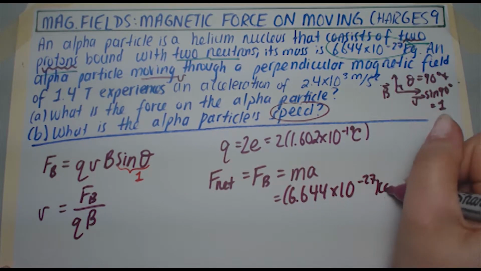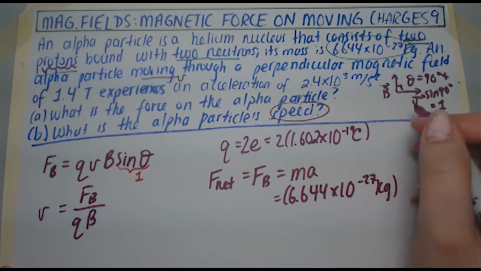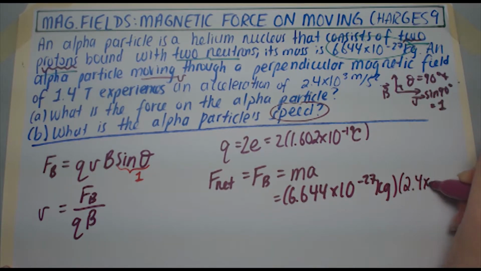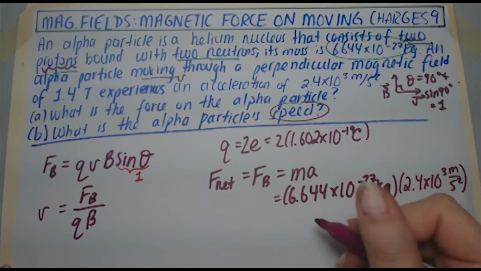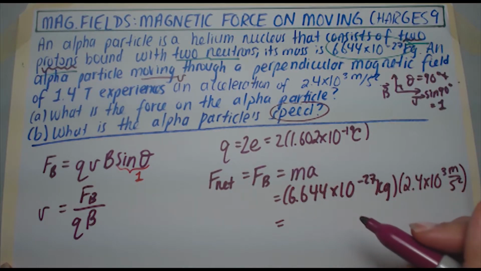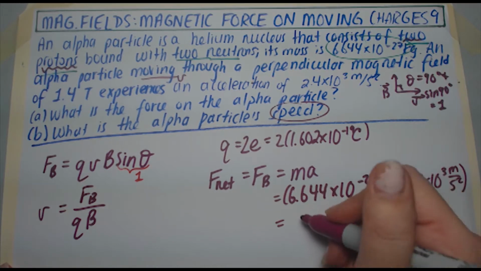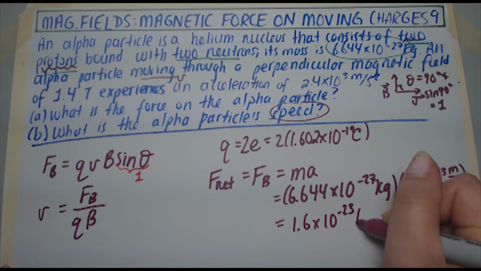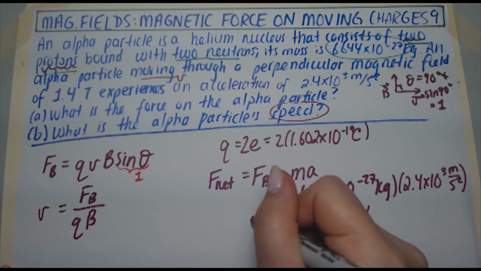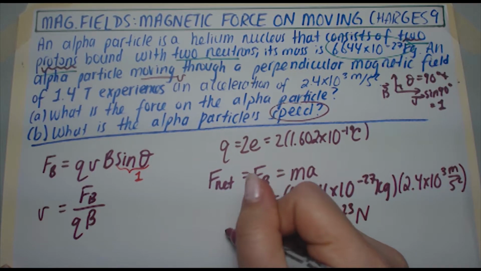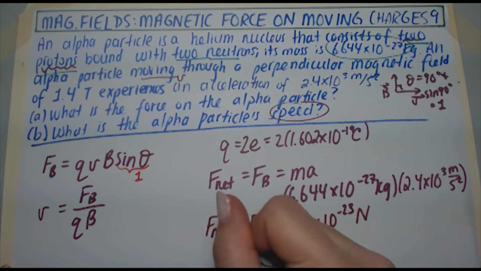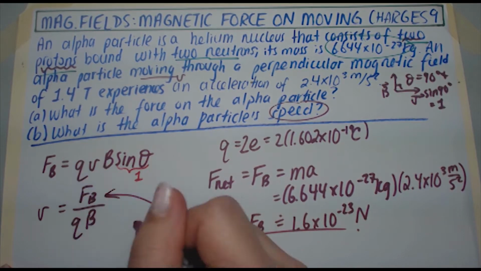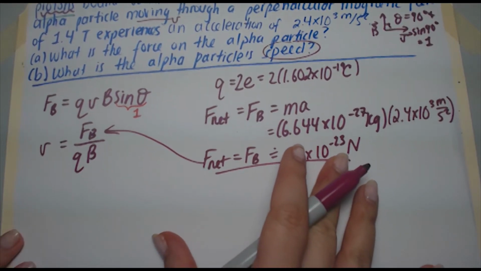We're even given the acceleration, 2.4 times 10 to the 3 meters per second squared. When you punch it in your calculator, you're going to get a net force of 1.6 times 10 to the minus 23 newtons, approximately. So here's my FB, which is also known as my net force.